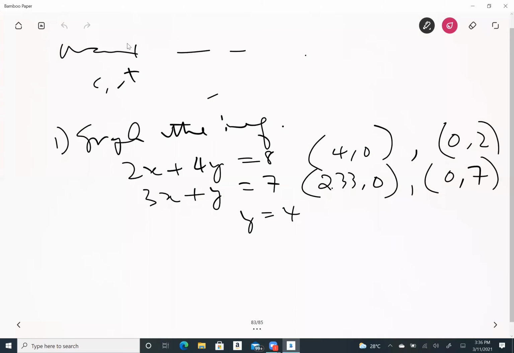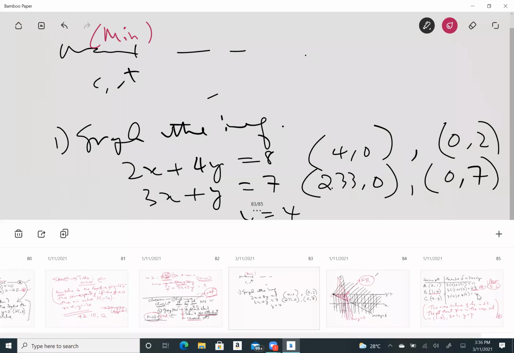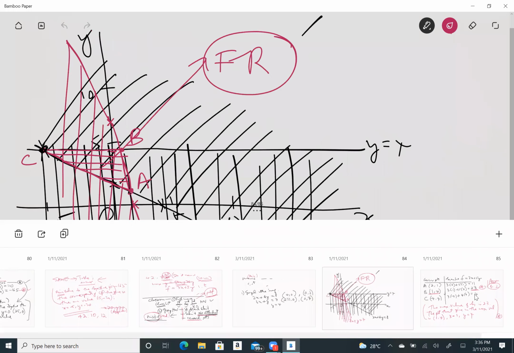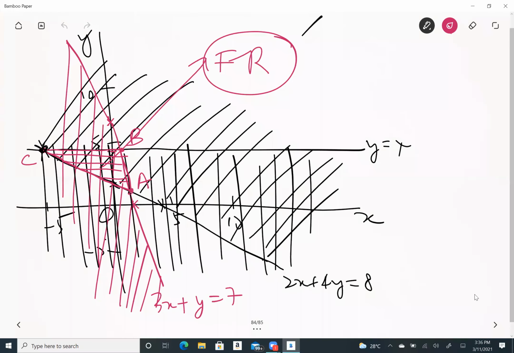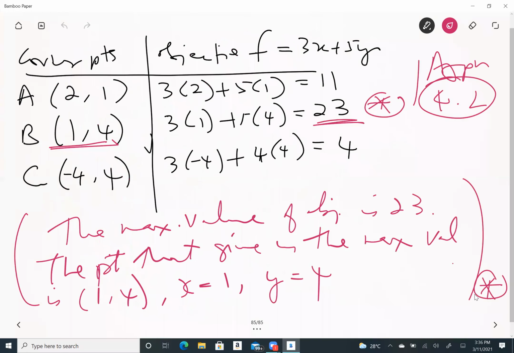Now suppose instead of maximizing, we have minimized. So let's say here, we minimize the objective subject to the constraints. And we will have the same thing. Objective is the same function, but now we are minimizing.